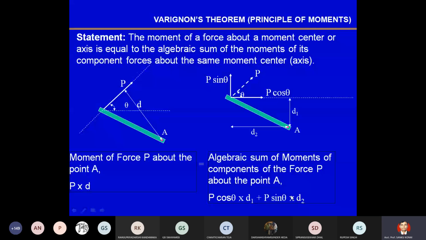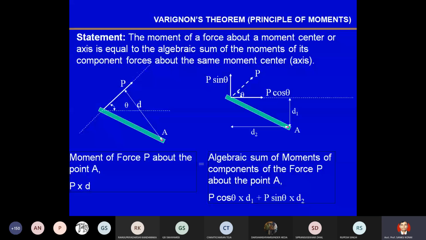This is Varignon's theorem, and there is a small proof of how to prove that the moment developed by the resultant force will be equal to the algebraic sum of the moments developed by its components. So let's see, this is very easy.